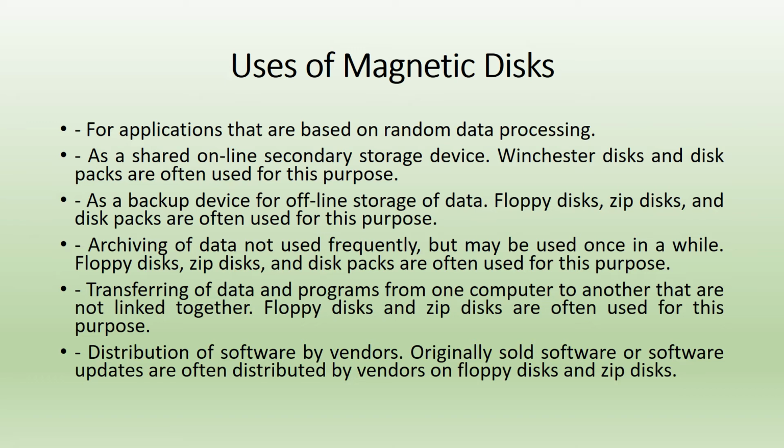Archive data. Archiving of data not used frequently, maybe used once in a while. Floppy disk, zip disk, and disk pack are often used for this purpose. Again, we can also add USBs, external drives, SD cards, and so on. They are used for saving data that you do not usually access.